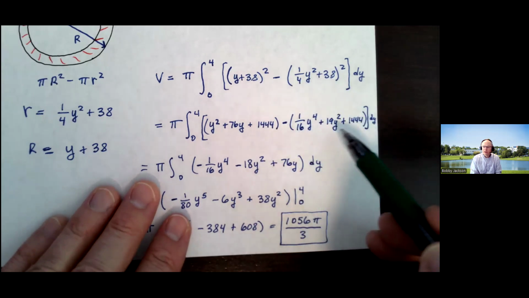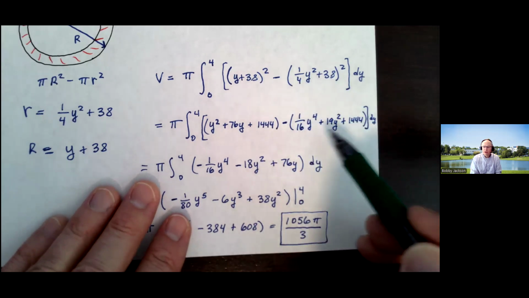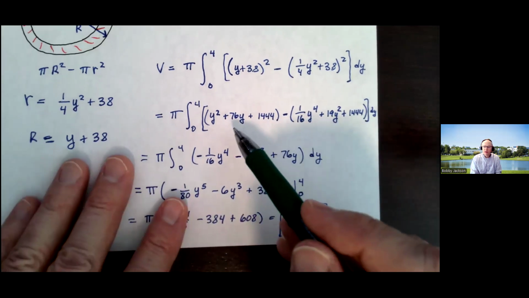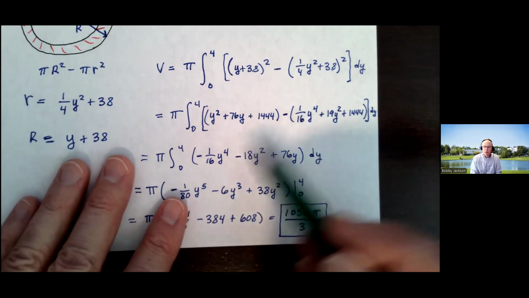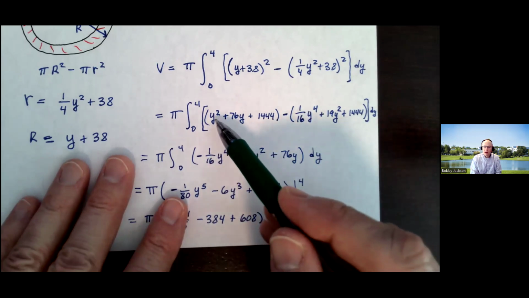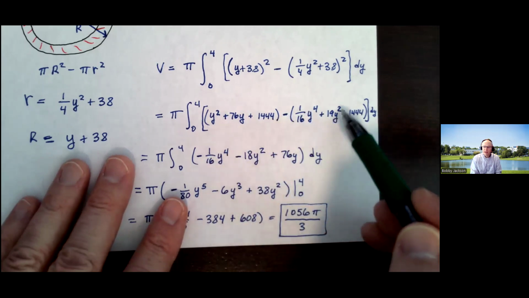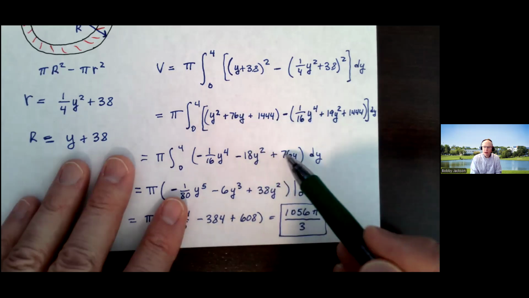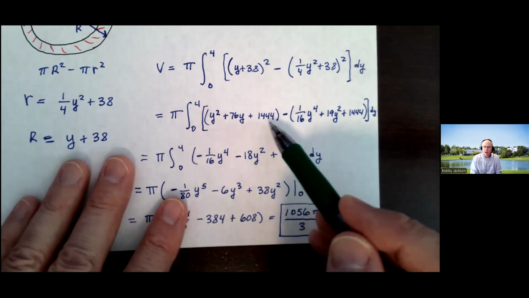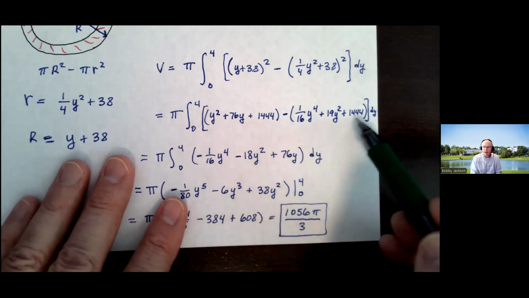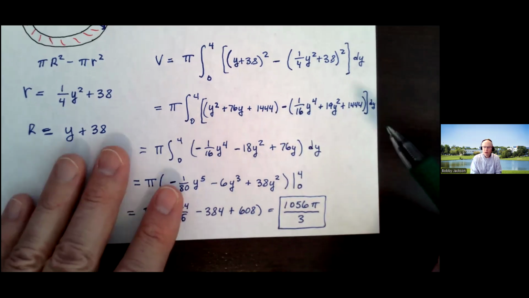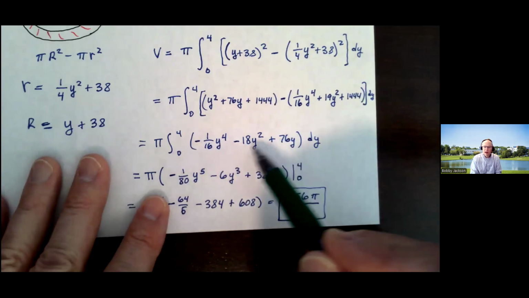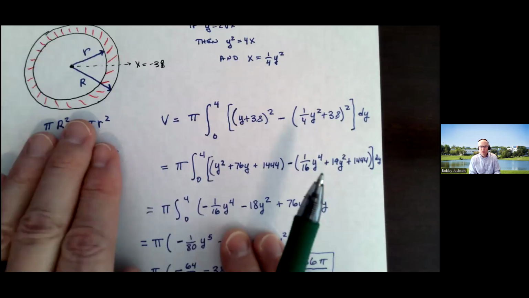Squaring this out gives us this, so make sure you understand where that came from. Then I combine like terms. I've got negative 1/16 y to the fourth, y squared minus 19y squared, that's negative 18y squared, and I've got 76y. The constant 1,444 minus 1,444 goes to 0. So this is our simplified function we're integrating that gives the area of these washers.